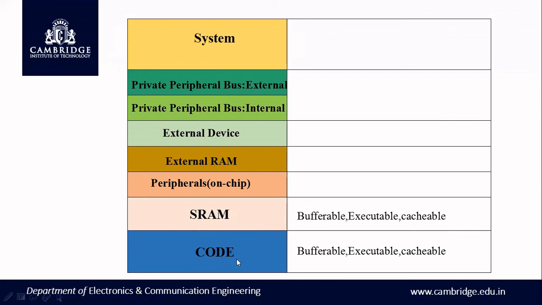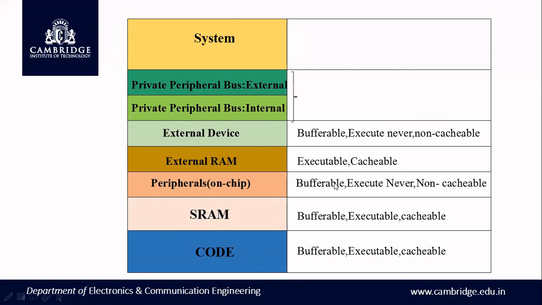So these 3 attributes are true for the SRAM region as well as the code region, but all the 3 are not true for your PPB region. For the PPB region, both internal and external, none of the 3 attributes are true. It is not possible to write, non-bufferable, you cannot execute, non-executable, and you cannot even read, so non-cacheable. So all the 3 are not true for the PPB region.